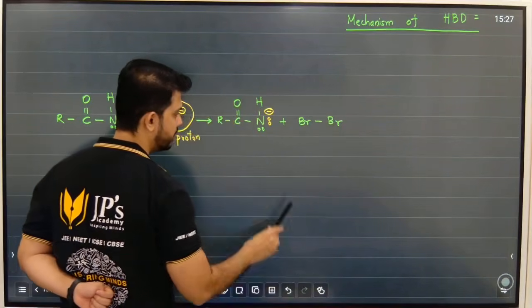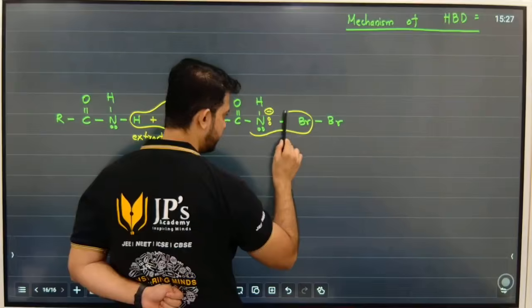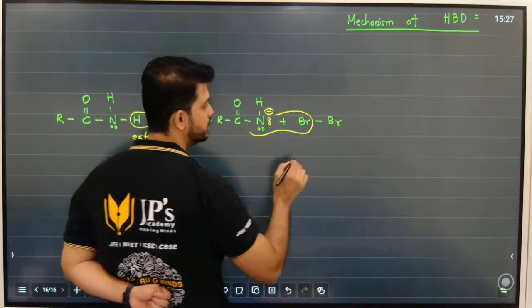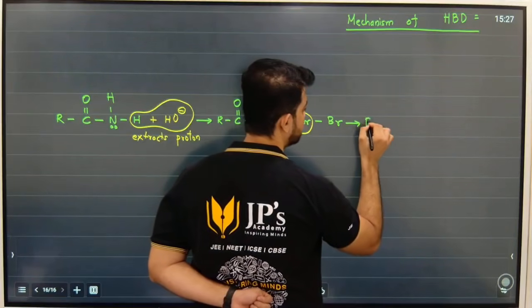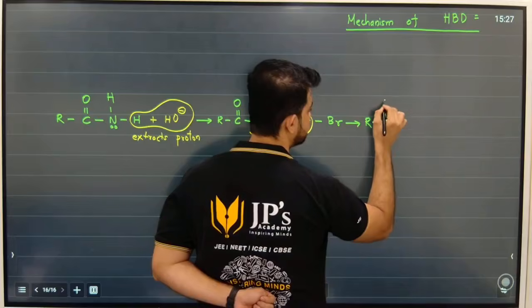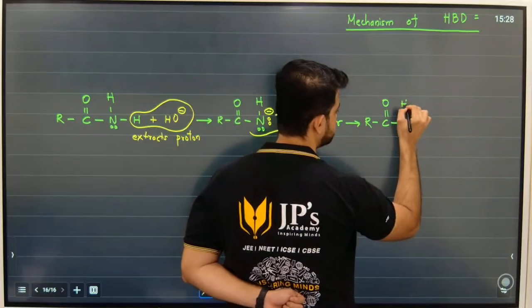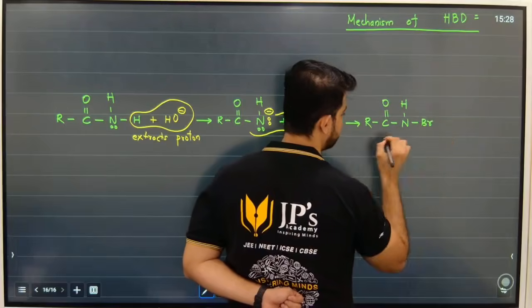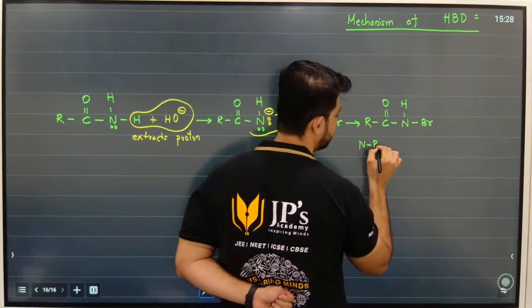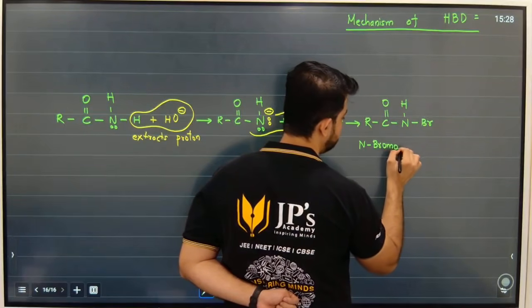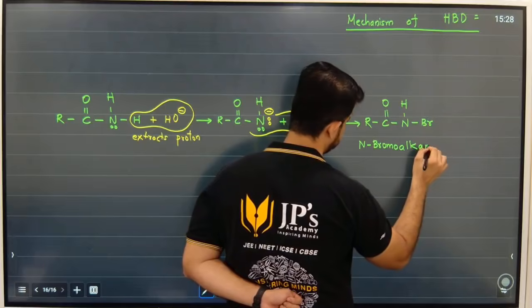So ये आपका Br2 है, यहाँ से हमने ये Br ऐसे extract कर लिया. So we have RC double bond O NH and Br, N-bromo alkanamide.